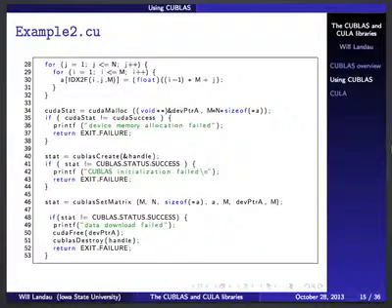I don't exactly know why, but eventually it's just not going to exist anymore. And CUDA malloc does the job, and you're going to be using CUDA malloc anyway. It's basically the same thing.